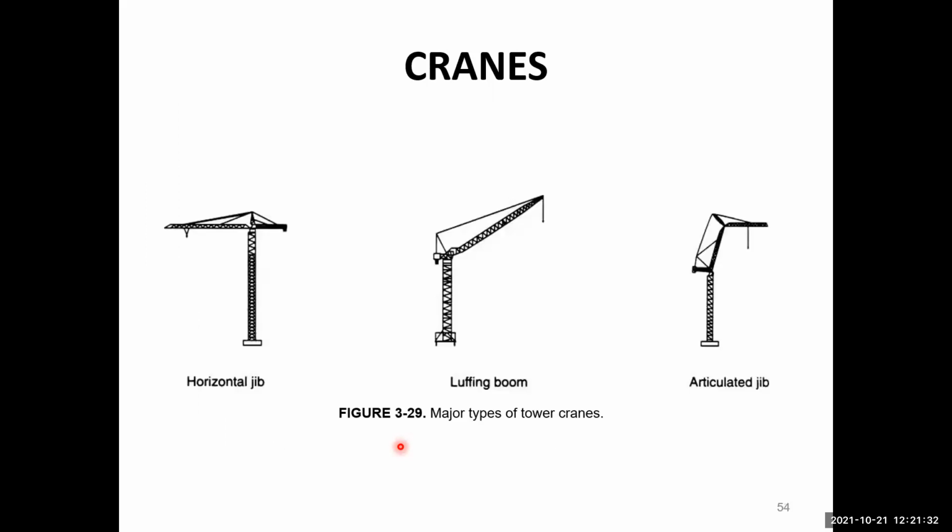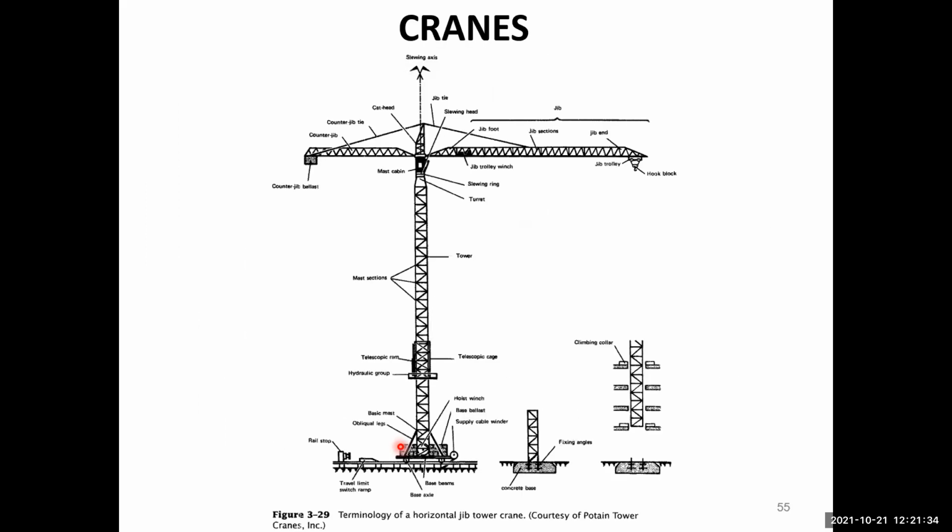So in this case, we have different terminologies which can be used for cranes. This is the terminology of a horizontal jib tower crane. This is the horizontal jib, and this is the counterweight.